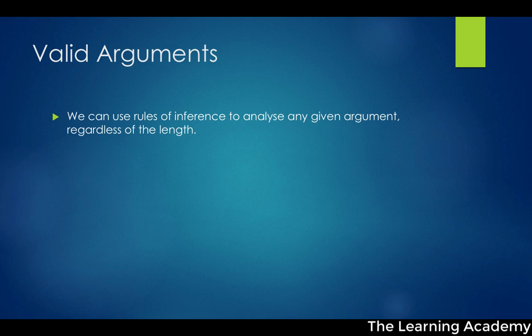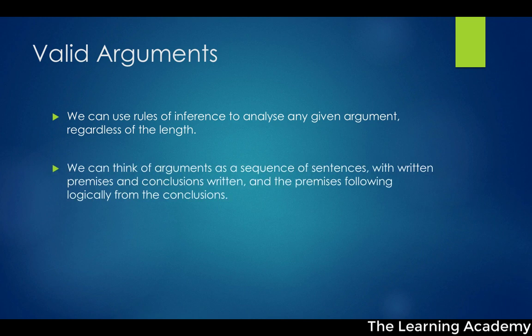If you get a bit bogged down with the idea of inference rules, instead think about them as ways in which you can structure an argument, like given rules for how we structure an argument, such that no matter what the argument is about, if it is structured in a certain way, it will always be valid. We can think of an argument as a sequence of sentences with written premises and conclusions, and the conclusion following logically from the premises. That's how we can understand arguments, as we've already suggested.